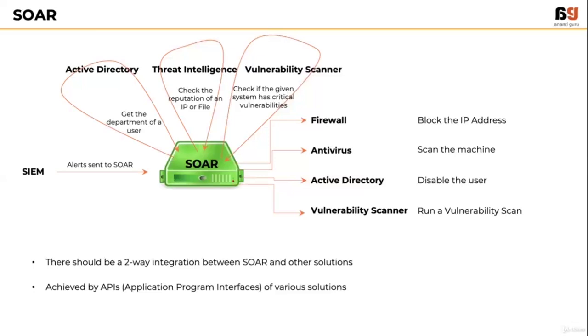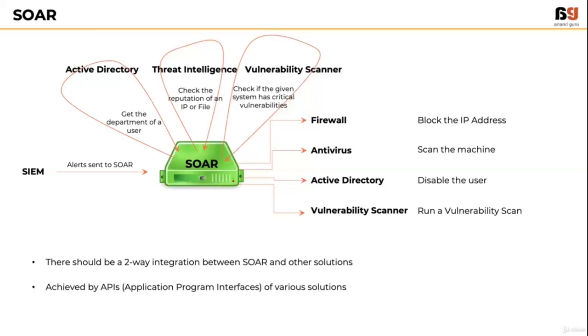observant and vigilant. So in the SOAR, during the vulnerability scan, it checks if the given system has critical vulnerabilities. It also checks if the IP address is from a malicious attacker. When people attack or try to access a system, you check their IP address, then run those IP addresses across an IP checker.